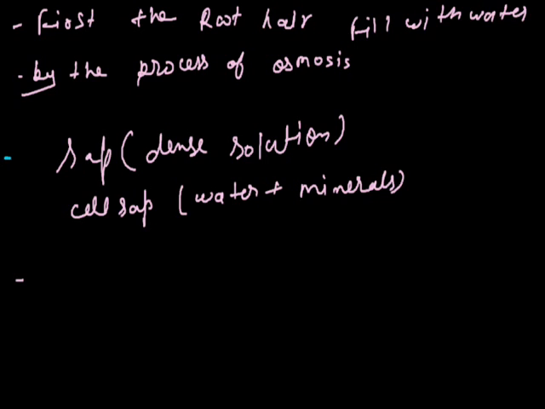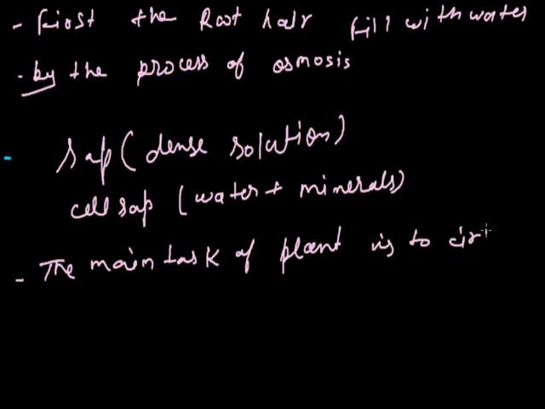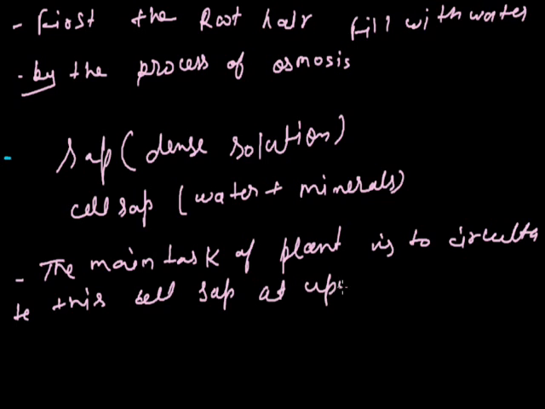Next is cell sap absorption and transfer against gravity. What is the main task of the plant? The main task of the plant is to circulate this cell sap upward. So the plant should have some mechanism by which water and minerals can move from the roots to the upper side.